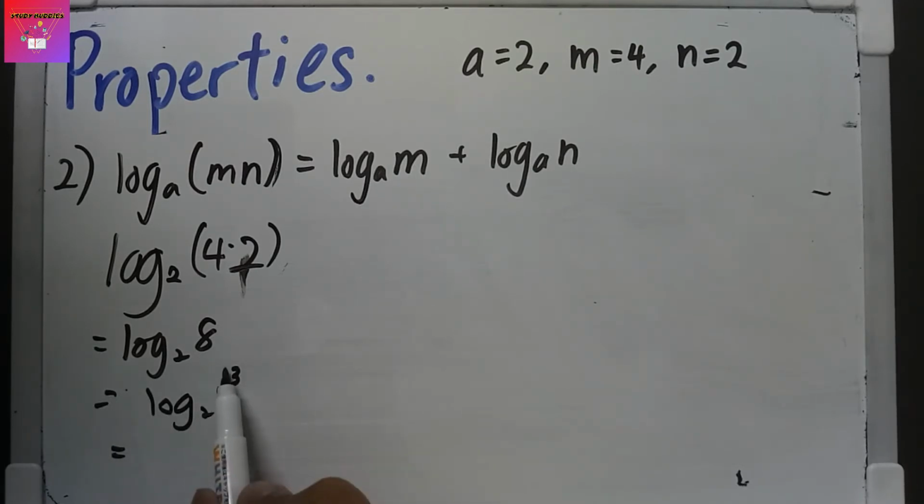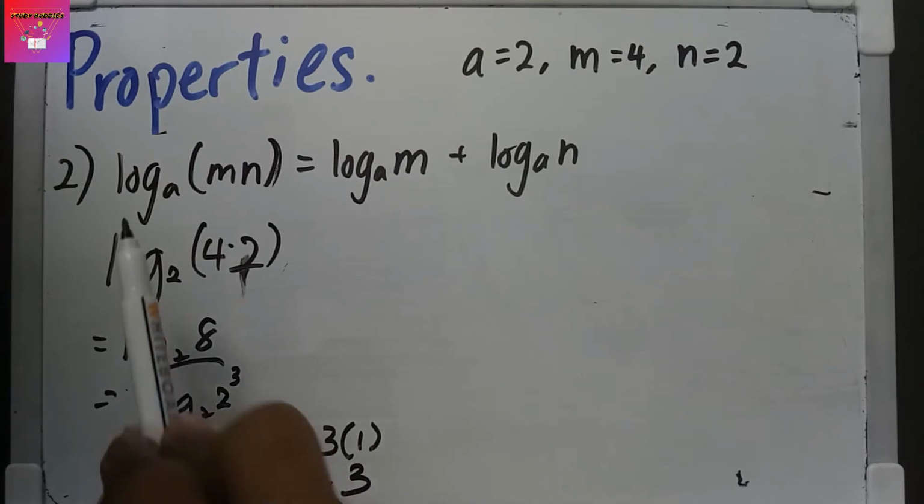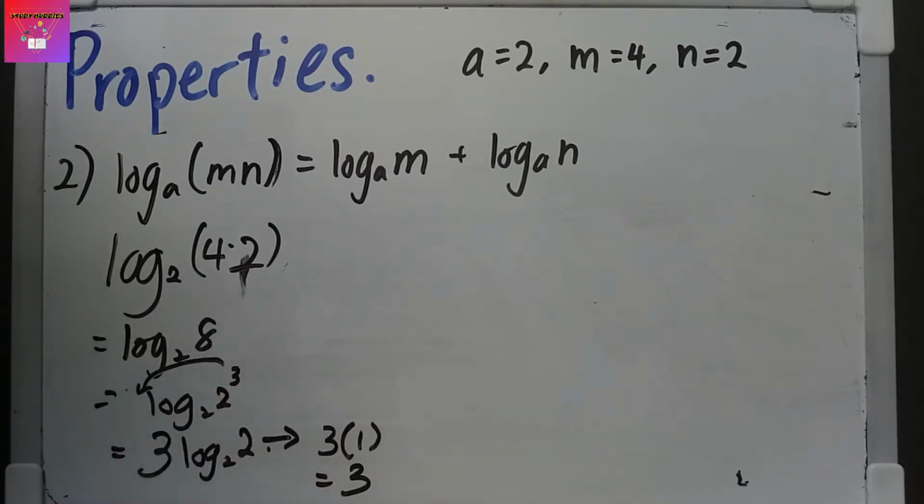As I mentioned just now, if there's any power you can just bring it to the front, which makes it 3 log base 2 of 2. Since the numbers are the same, log base 2 of 2 is actually 1. So 3 times 1, therefore the answer for this whole thing is going to be 3.